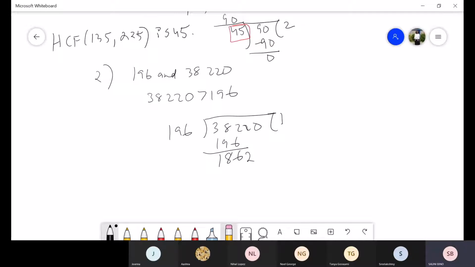So 196 into 10 is 1960. So 196 into 9 will be 1764.